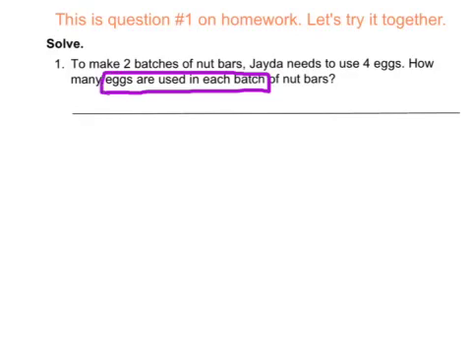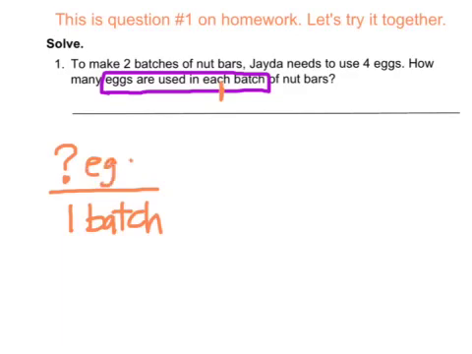And each batch represents 1. Now I know what part goes on the bottom of my ratio for my unit rate. I need only 1 batch. I don't know how many eggs it's going to take.